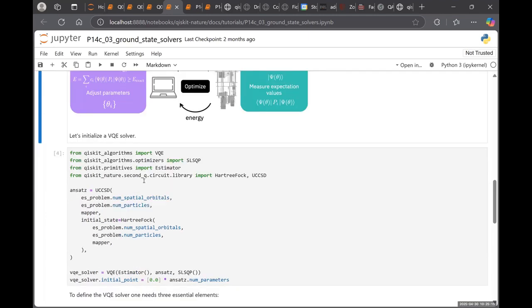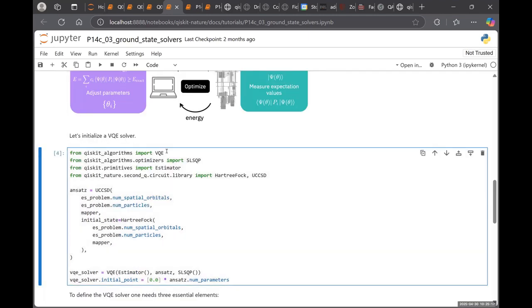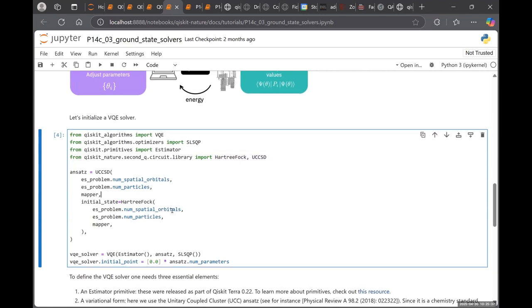So here they would initialize a VQE, importing this package. This is the classical optimizer, and you use this Estimator class primitive. Okay, and from this circuit library, you import UCCSD. This is one that's very common in quantum chemistry.